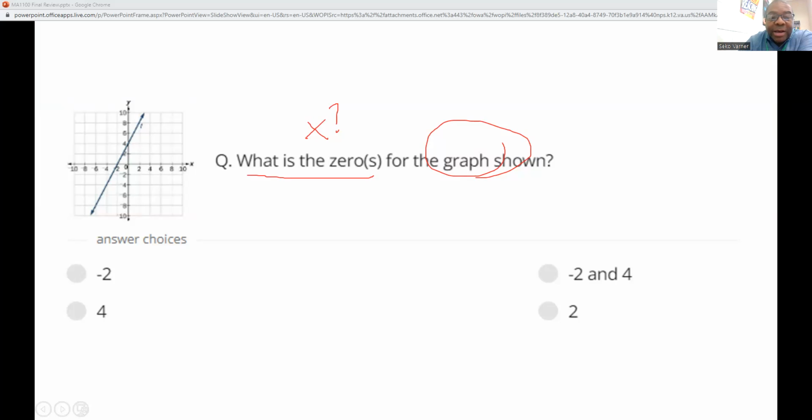So let's go back. What's the zero for the graph? Where does it cross the x-axis? Here's our x. Here's our y. Where does it cross the x? Right here at negative 2, right? That's where it crosses.